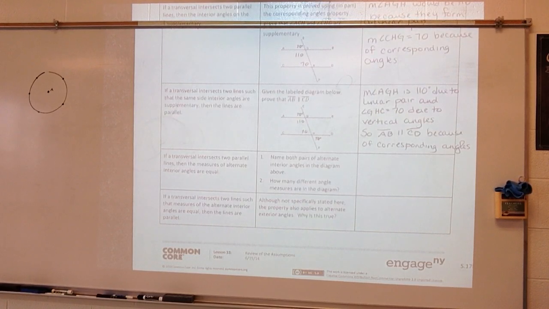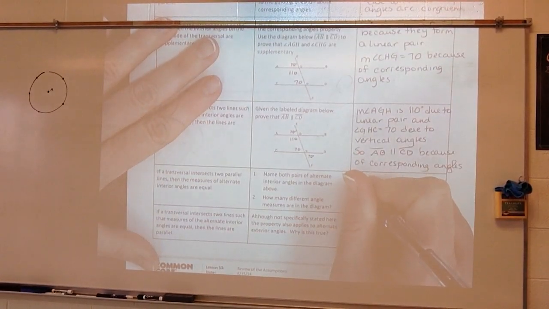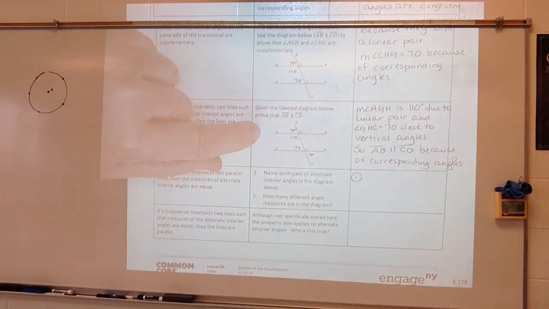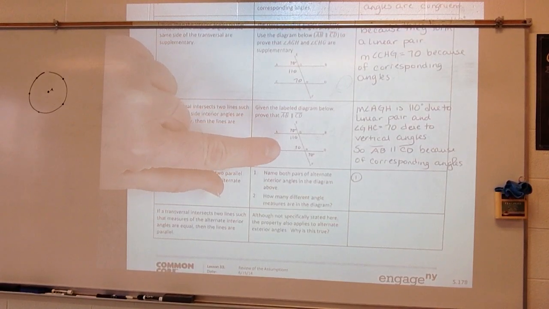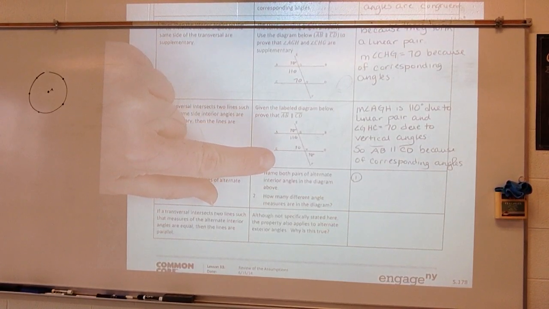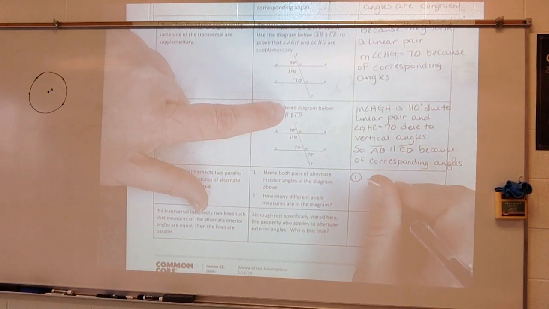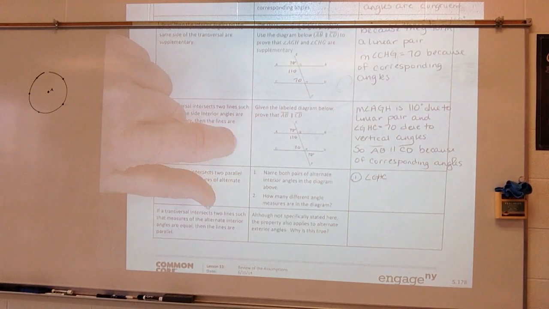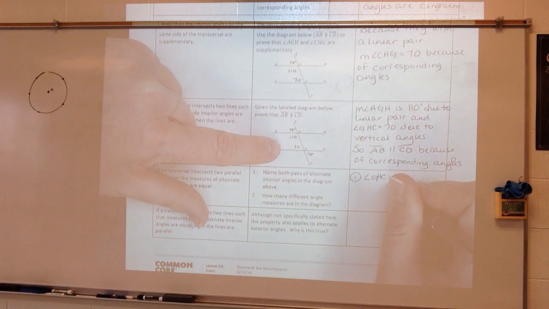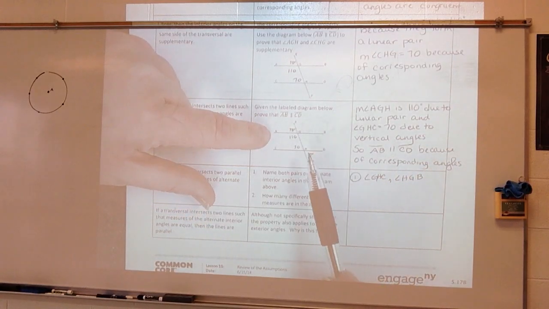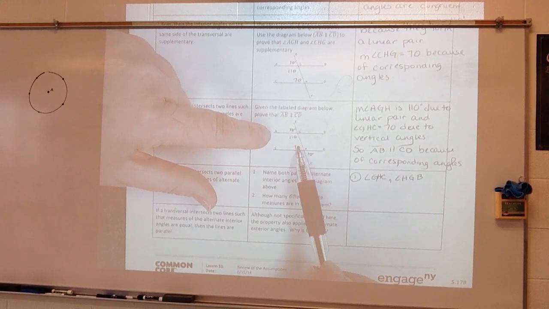Alright, so step 1, both pairs of alternate interior angles would be angle GHC and angle HGB. So this one and this one.